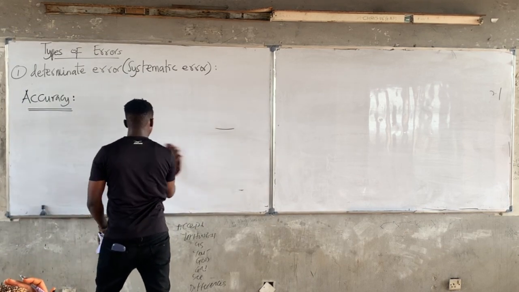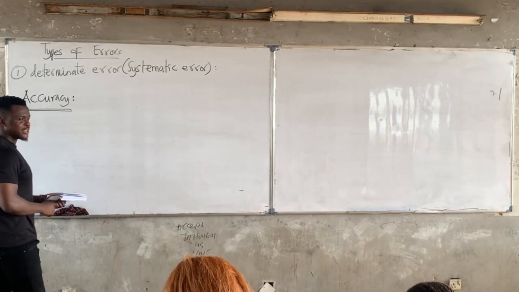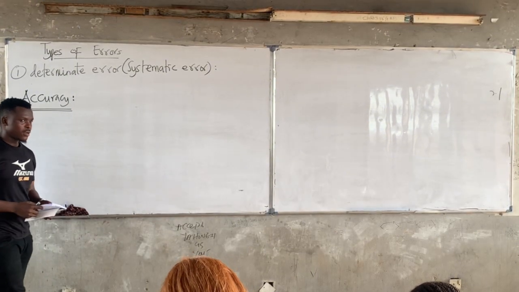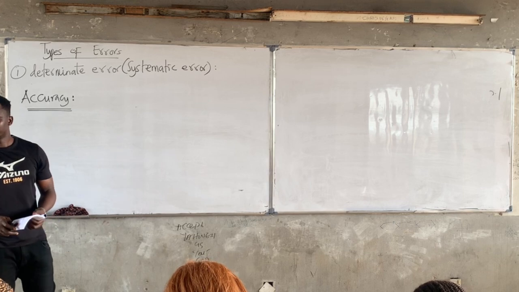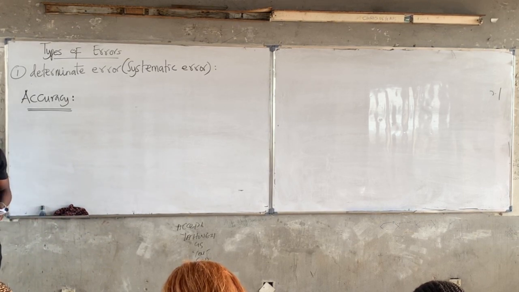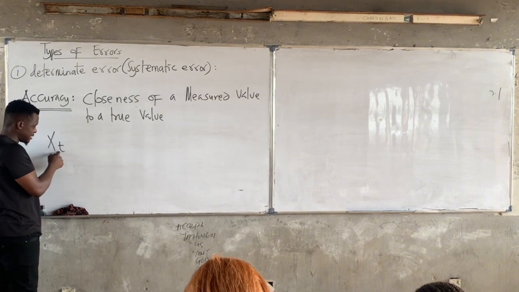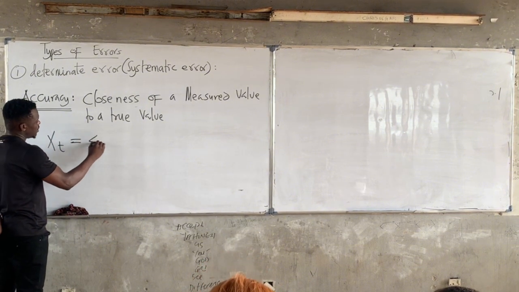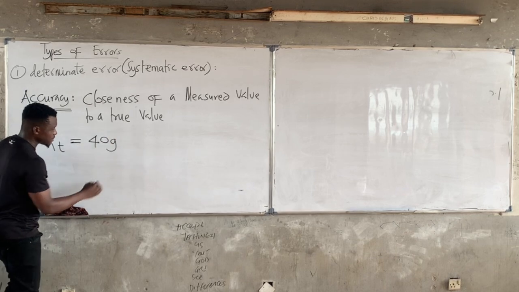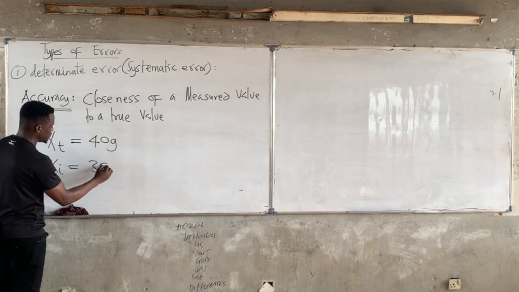Accuracy is the closeness of a measured value to a true value or accepted value. Let's say, for example, the true value of a substance is 40 grams, and you reweigh that substance and get 35 grams.